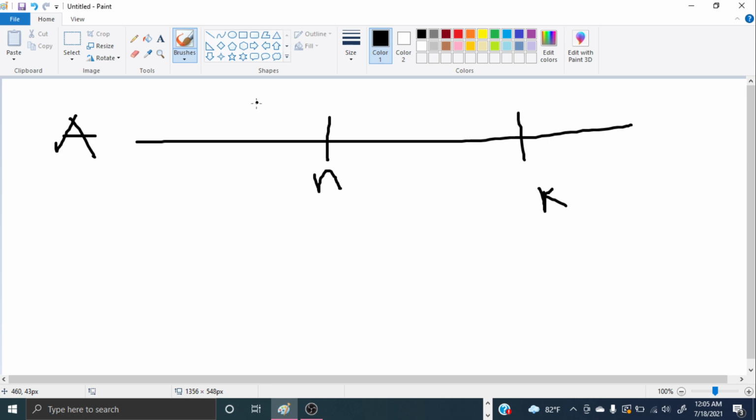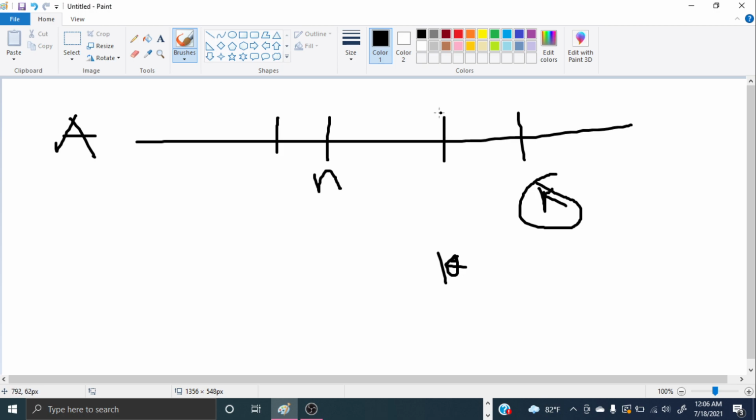For player A, what will be the desired points? We know that when we add the result, we don't take the whole stage. We take k minus k by 4. So this k minus k by 4 could be here, or it could be here, right? These two possible values.